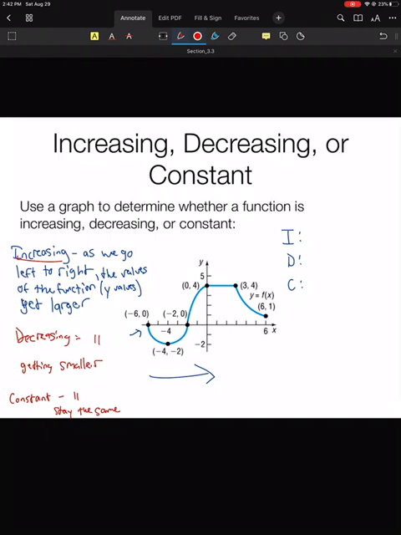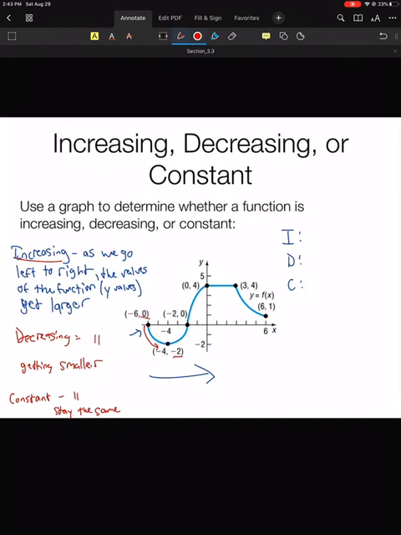So as we go left to right from -6 down to, say, -4, the values of the function are getting smaller, they are less and less. We start at 0, but when we go down to -4, now we're down to -2 in the y's. So we go from 0 to -2.